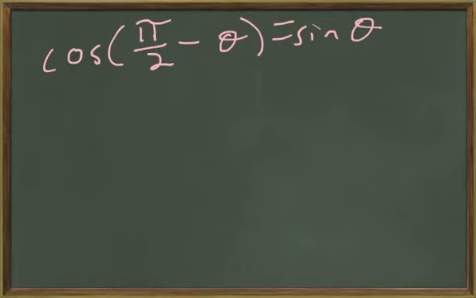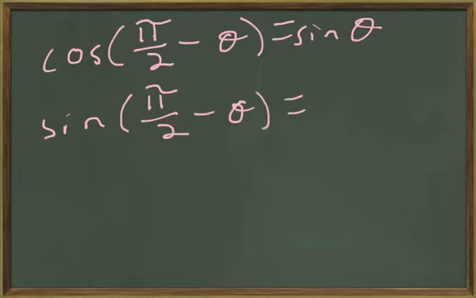Okay, and the same thing happens if we have sine of pi over 2 minus theta. This equals cosine theta. Once again, we're not going to worry about the proofs with this, but we will end up using it as we go through.